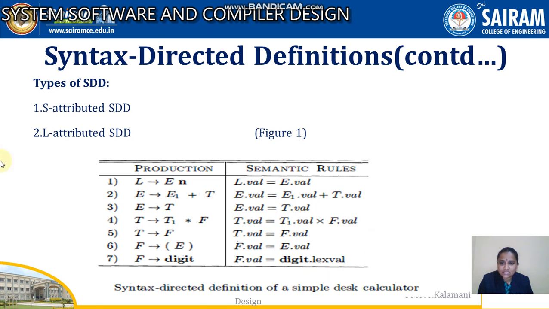So this grammar is an S-attributed syntax directed definition. You understood what is meant by syntax directed definition and the two types of attributes, synthesized and inherited. You should know clearly that attribute values are associated with the grammar symbols and rules are associated with the productions.